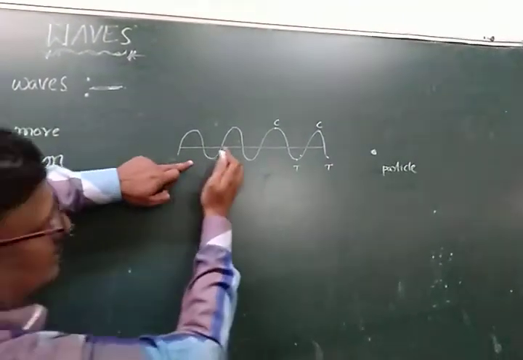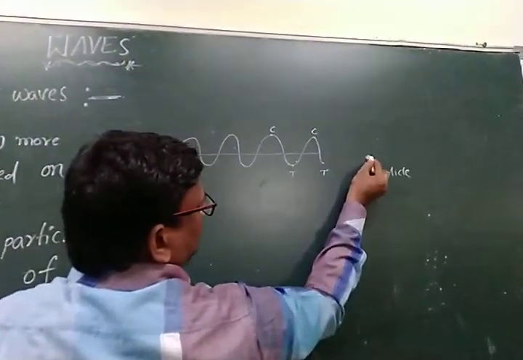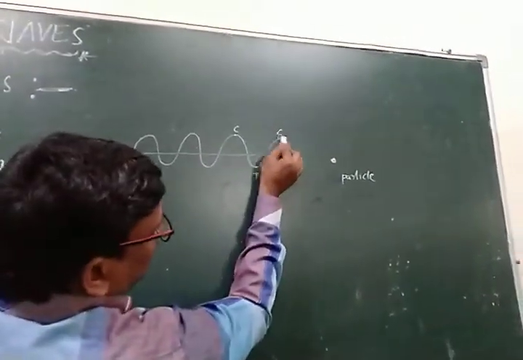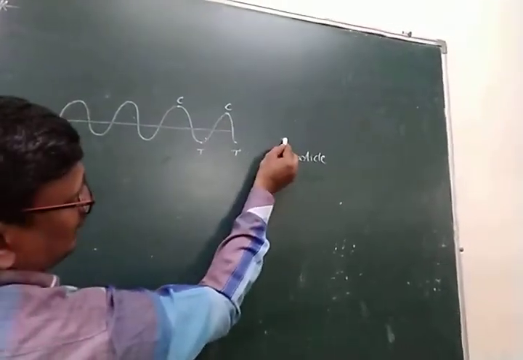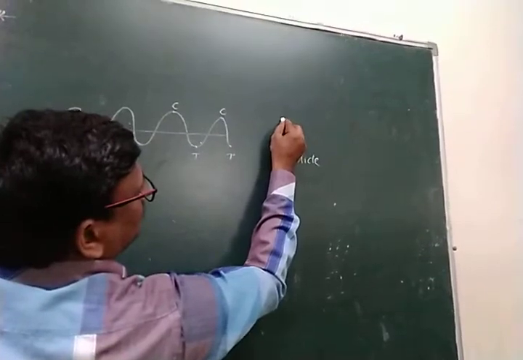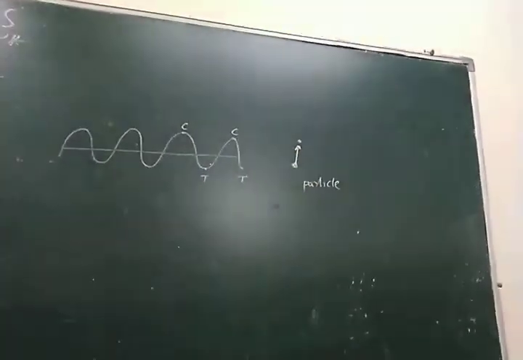This wave is traveling in this direction. Now the particle is here at this position. If the crest is incident on this particle, the particle moves in an upward direction.